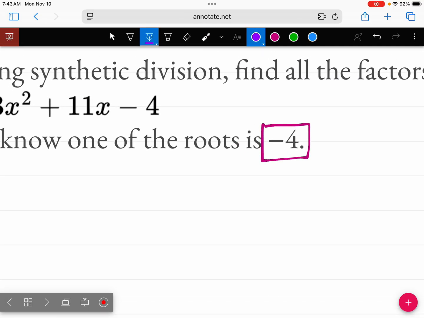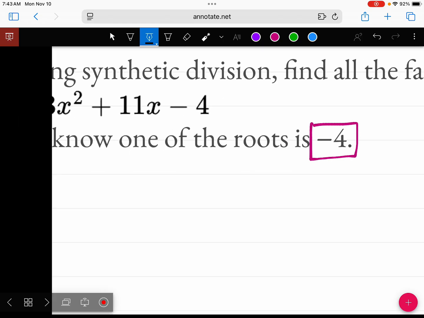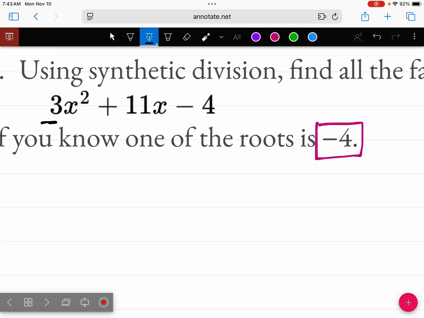So when we set this up, we take all of our coefficients from our polynomial. I'm going to take my 3 from in front of the x squared. I need my 11 from in front of the x. And I need my minus 4 from the end over here. So those are all my coefficients.